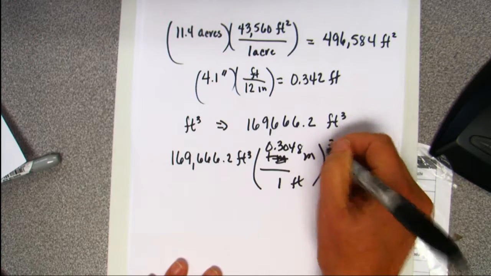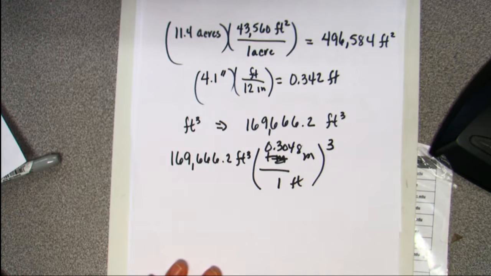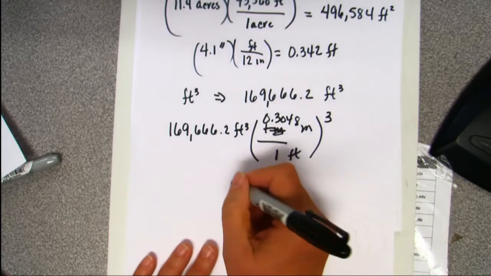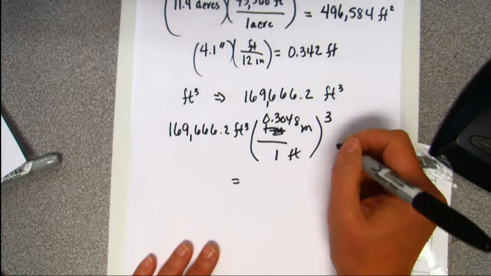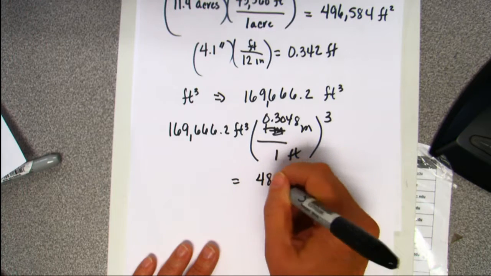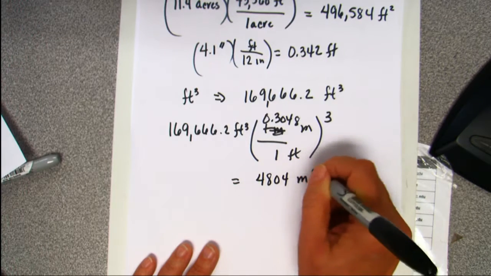But I have to cube that in order to make sure I've got it together. So I'm going to do times 0.3048 times 0.3048 times 0.3048. This now gives me 4804 meters cubed.